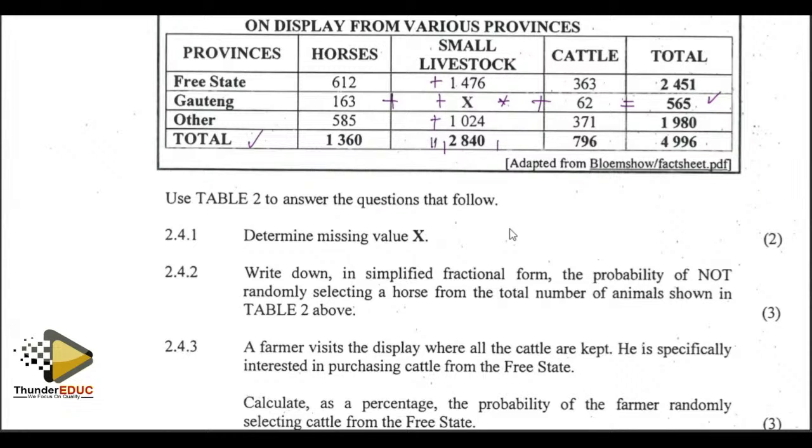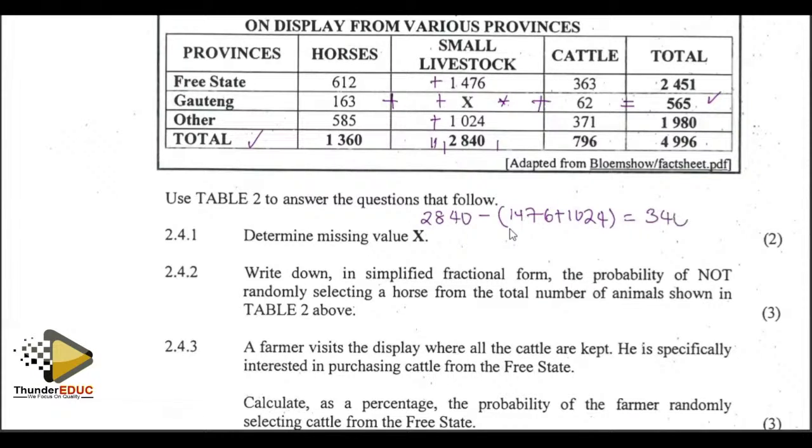So the value of x, you would have done it anyway. Someone would have taken 2,840 minus, in brackets, the values that are already there. And here the answer would have become 340.